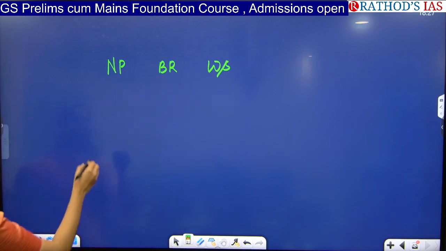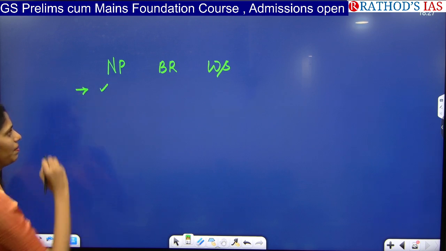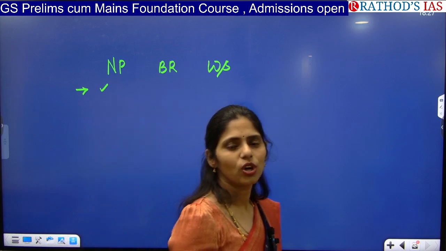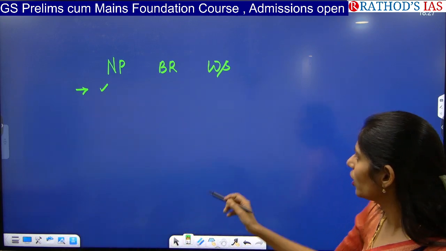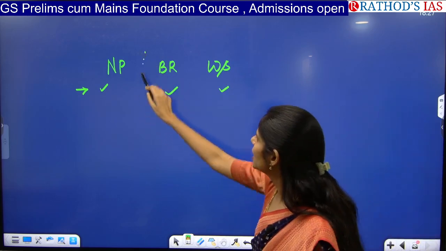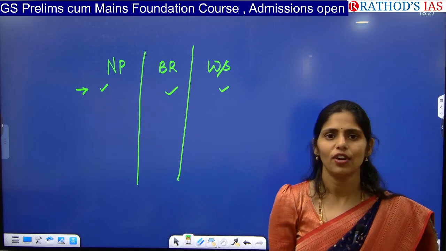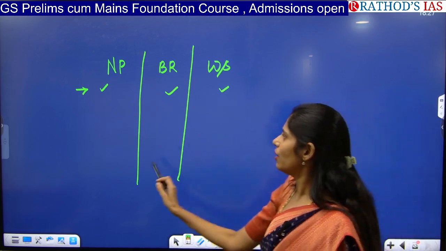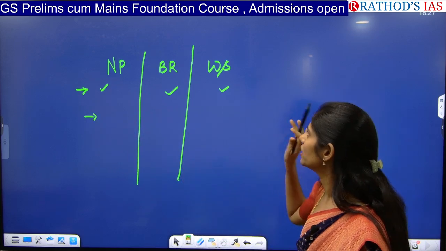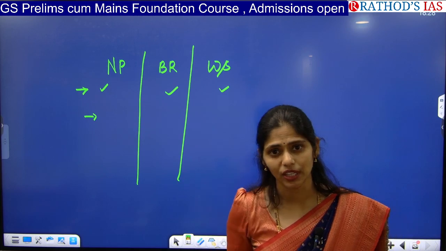You will be studying which area is called a national park, which area is called a biosphere reserve, and which area is called a wildlife sanctuary. What are the criteria that you have to see? What is the difference between national park, biosphere reserve, and wildlife sanctuaries? And you have to see the number, how many are there in total in India.